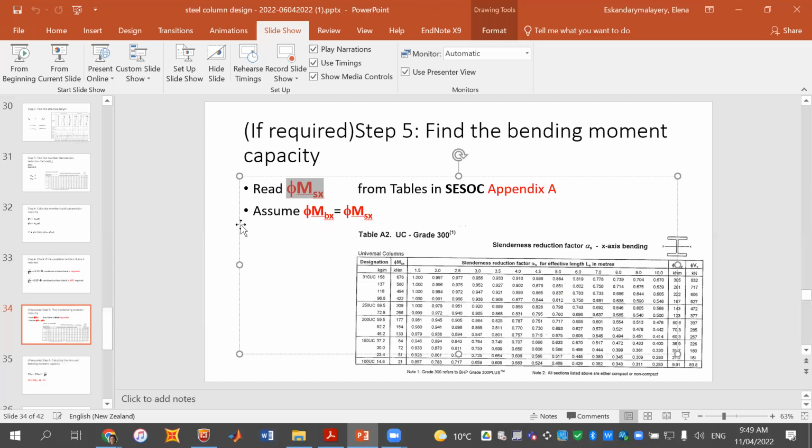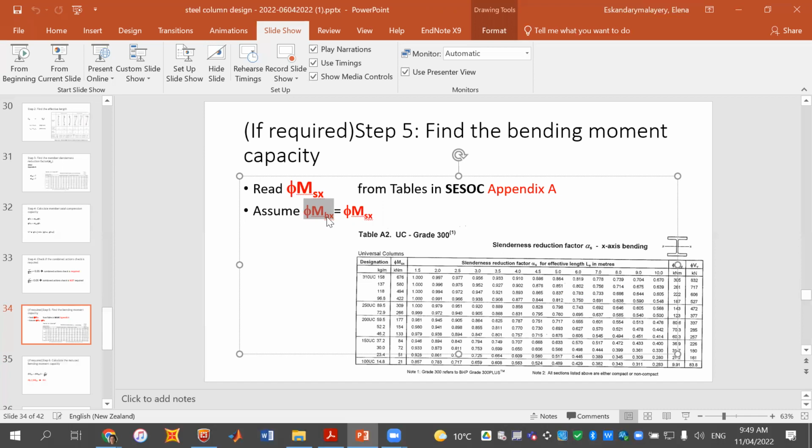So in this case, I said this is the bending section capacity. So we have section capacity as well as bending member capacity, which is phi Mb x. There are a lot of calculations involved in phi Mb x that we don't want to talk about.